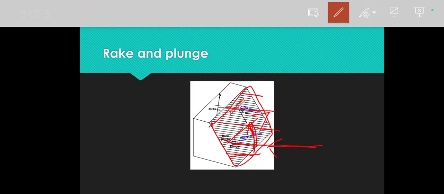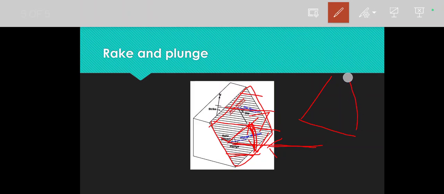Earlier this lineation may have been along the horizontal surface, and now it has moved somewhere in this direction. Let me draw it here. This is the strike line, this is the linear structure.